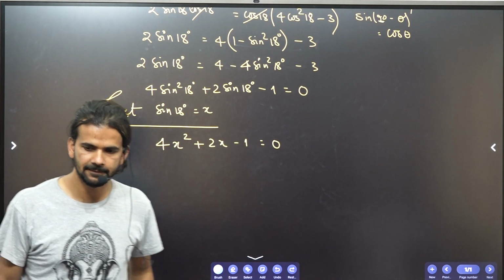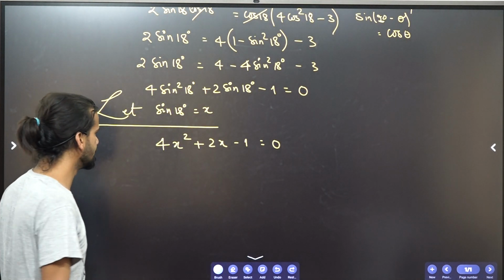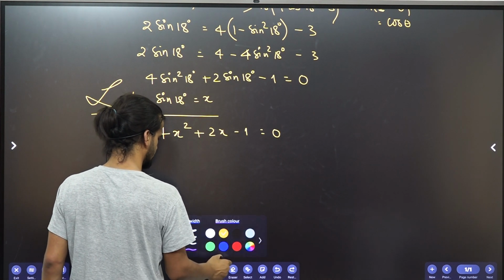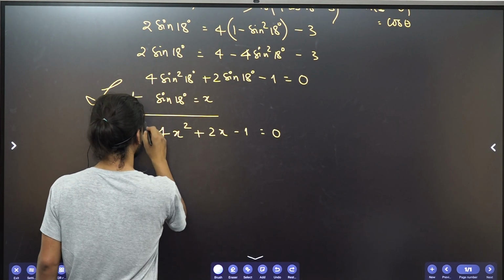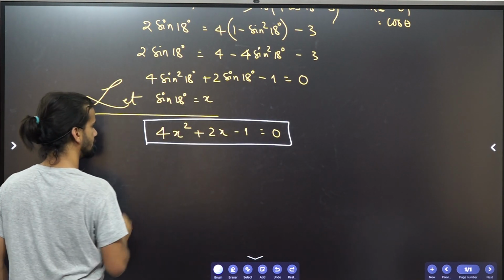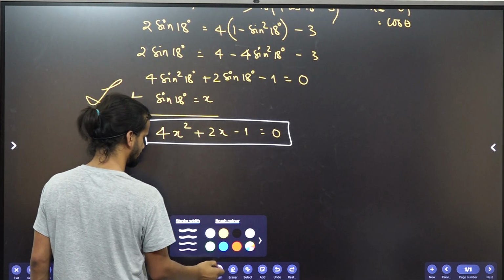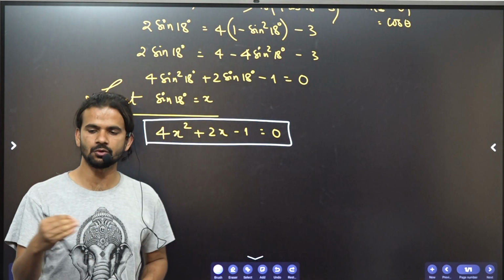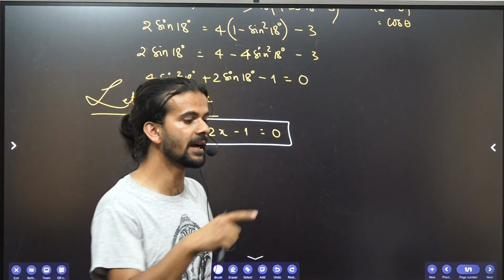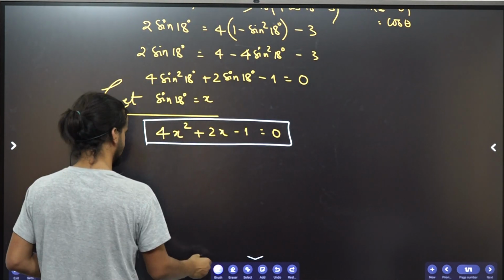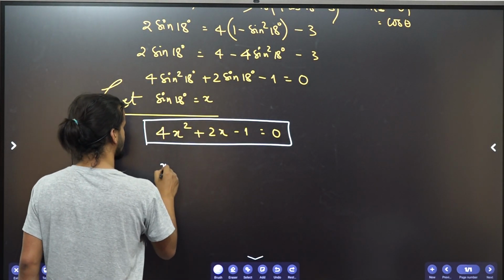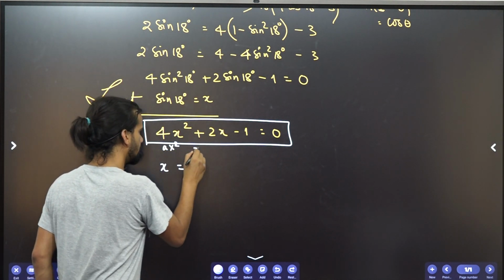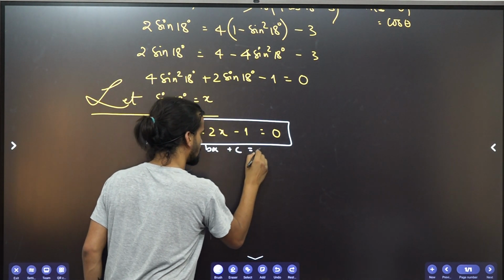How can we solve this? So x equals minus b plus minus root over b square minus 4ac divided by 2a. That's what it is. You can compare with ax square plus bx plus c equals 0.